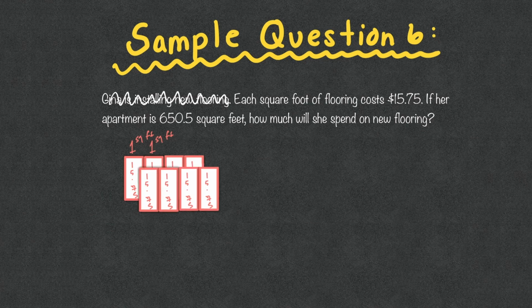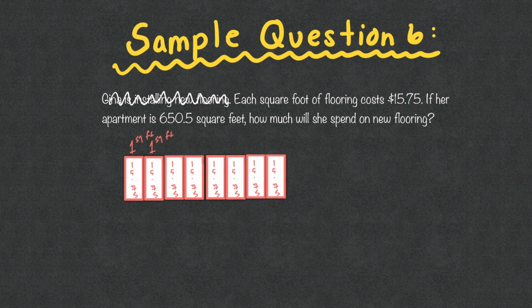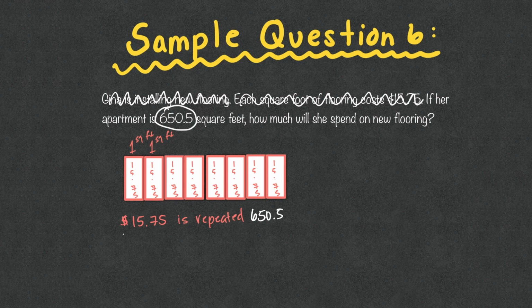We start to get the picture. All of these are going to end up being the same thing. So I notice $15.75 is repeated how many times? Where do I get that from? So I know each square foot is $15.75 per square foot, and it's 650.5 square feet. So it's repeated 650.5 times. That means this is going to be a multiplication problem.